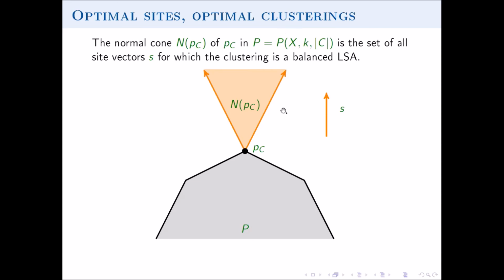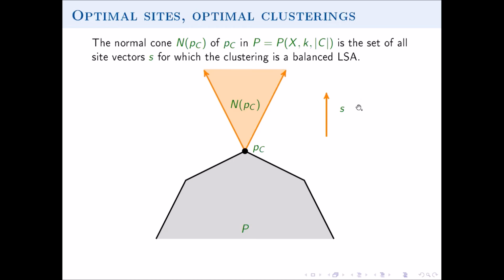If we go to the single shape partition polytope, then the normal cone of a vertex is going to be precisely the set of all site vectors for which the clustering is a balanced least squares assignment. So we're now able to talk about the set of sites for which we would be optimal.